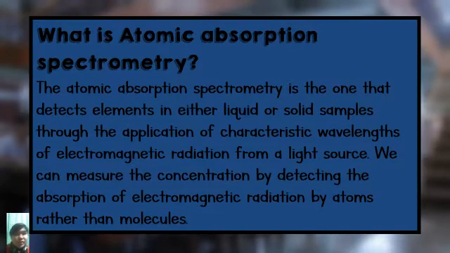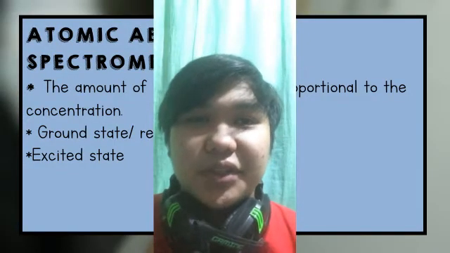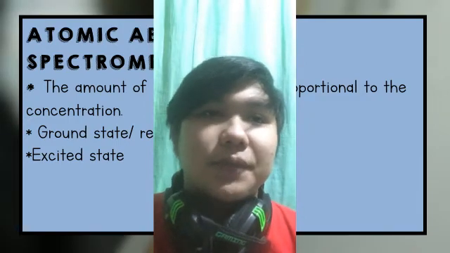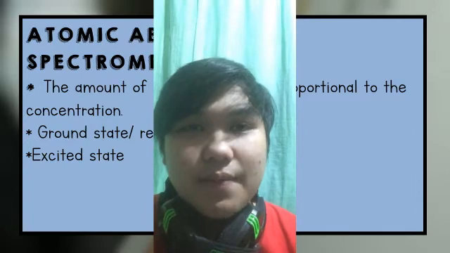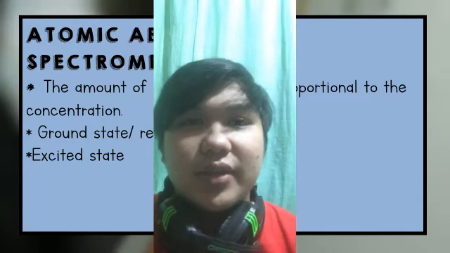We can measure the concentration by detecting the absorption of electromagnetic radiation by atoms rather than molecules. We need to emphasize that this is atoms, not molecules. Additional information: the amount of light absorbed is proportional to the concentration.